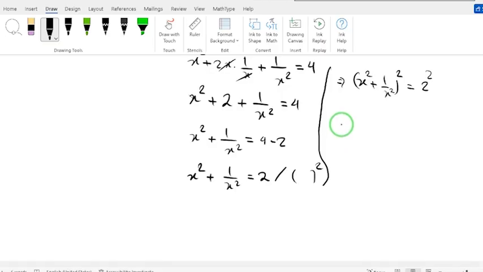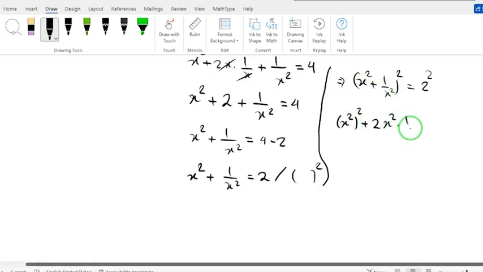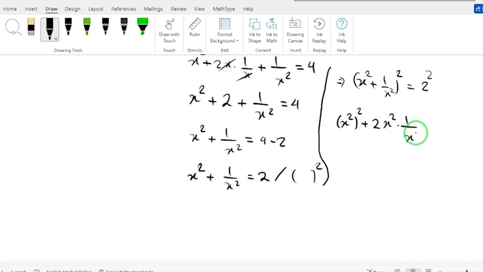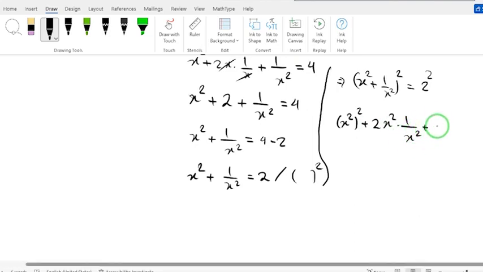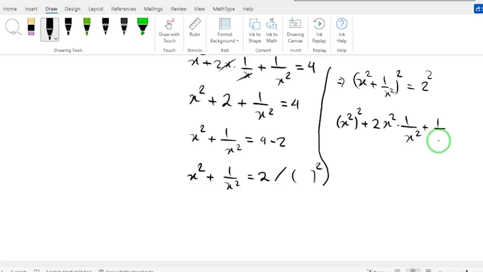Then we expand: (x squared) squared plus 2 times x squared multiplied by 1 over x squared plus (1 over x squared) squared.